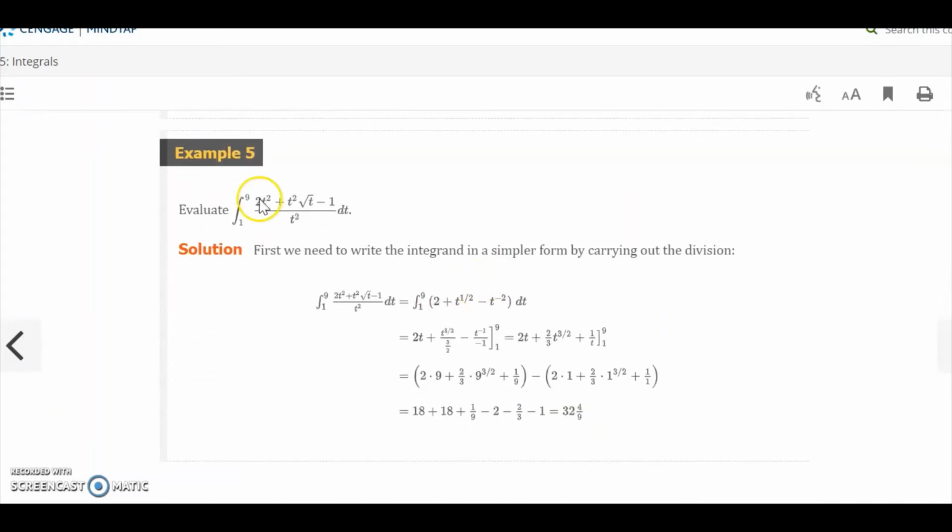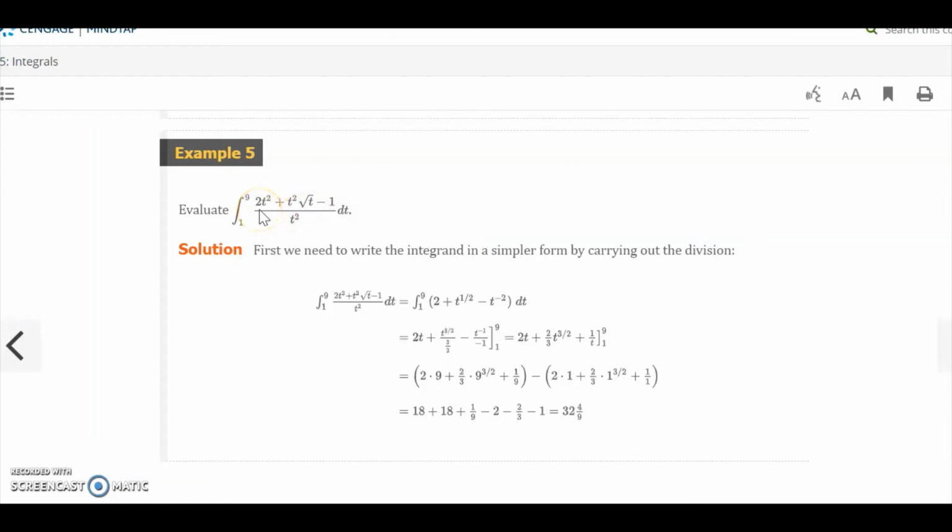So over for this example, this is another good one. I think there was something similar on the exam to this problem where you have to split up this into different fractions. So this function will be split into 3 different parts by just putting it over t squared. And then once you simplify it like that, it's a lot easier to take the antiderivative.